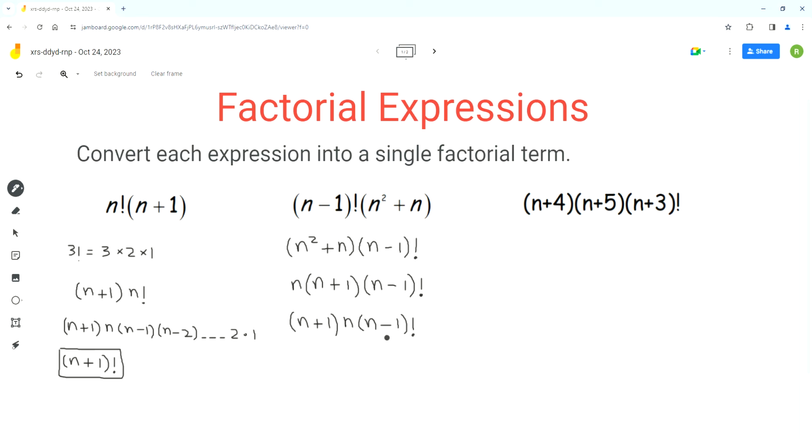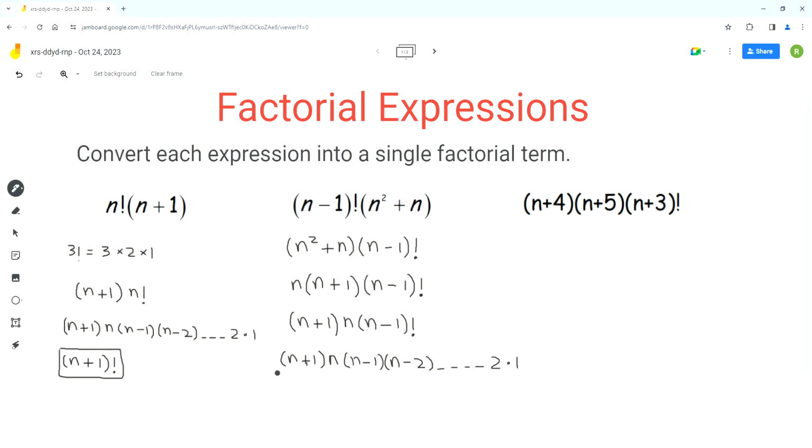If we expand this n minus 1 factorial, the n plus 1 and n stay the same. Now n minus 1 factorial can be expanded as n minus 1 times n minus 2 and then all the way to 2 times 1.